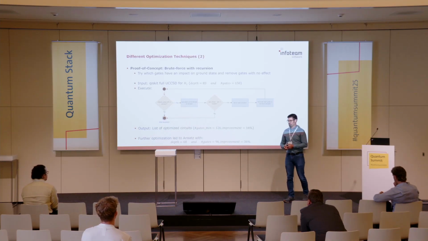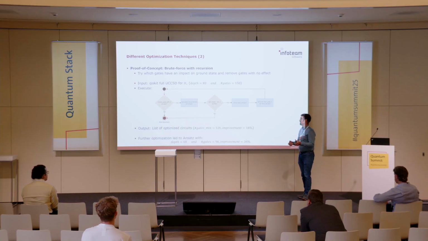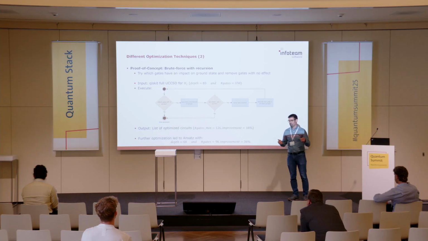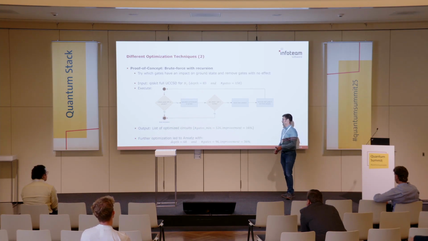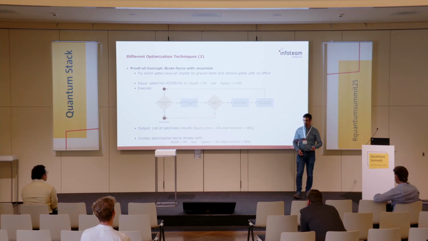If deviations are too far, then we stop. If our deviation is less than epsilon, then we store the solution and go one iteration step further to reduce another gate. This led us, with a simple version, not really thinking about it, to a gate minimum of 126. That was an improvement of 16%.